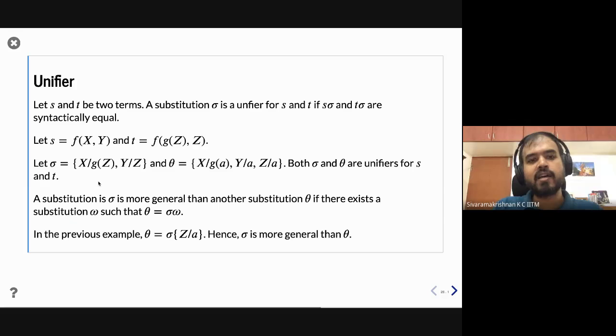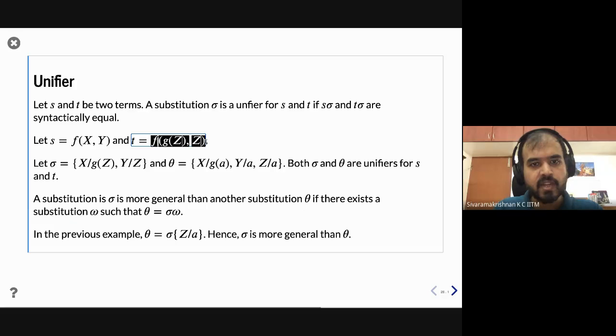And you can have a unifier for this one. First, let's consider the unifier sigma. If you replace x with g of z, so this x gets replaced with g of z and this y with z, which will be the same as this term here now. Here we have no substitution for the variable z.